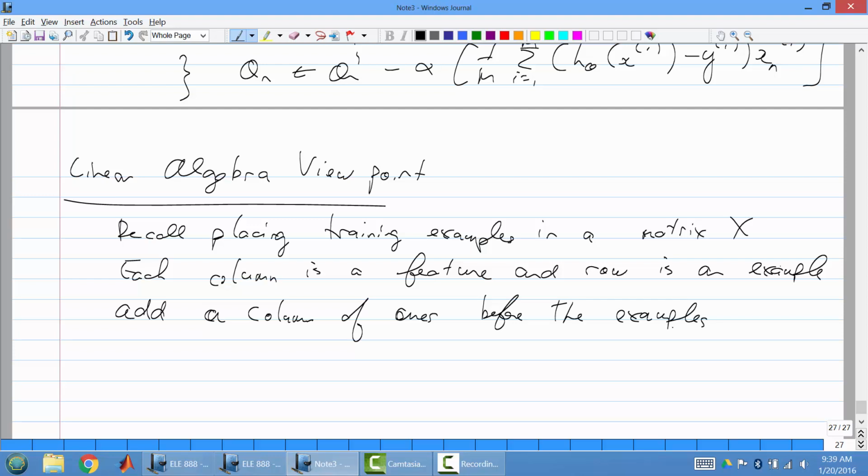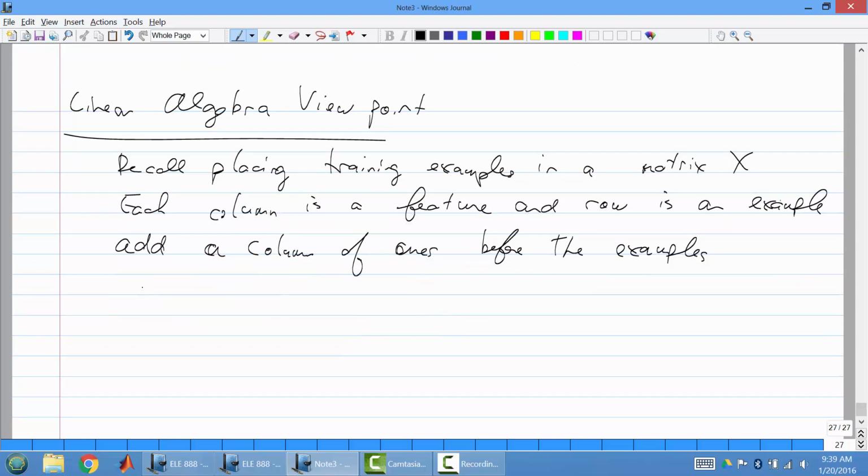So it looks something like this. You have X, and this is equal to x1, 1, x2, 1, and so on. Each row represents a training example, and each column represents a feature.